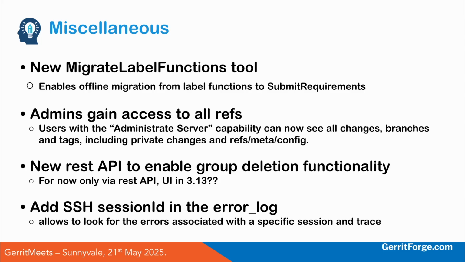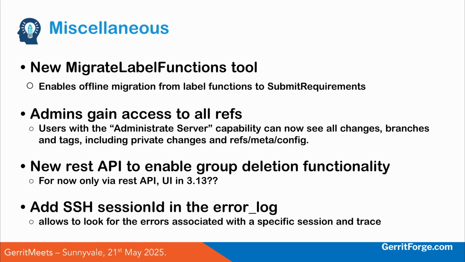That would sometimes be quite hard. Now the same session ID is added to any log that is added to the error log. So that makes it extremely simple to figure out what errors happened during a specific SSH session.